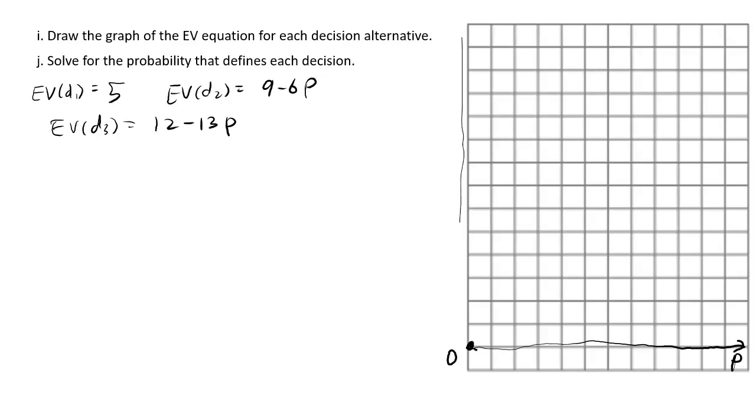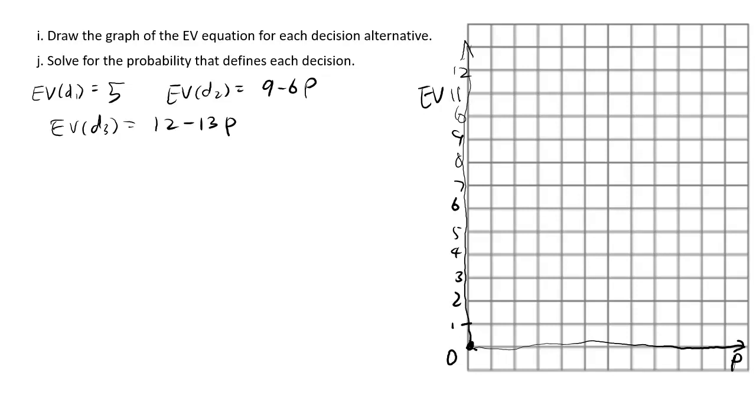is the value of the profit. Let's just say this is the EV axis. This is 1, 2, 3, 4, 5, 6, 7, 8, 9, 10, 11, and it goes all the way up to 12.